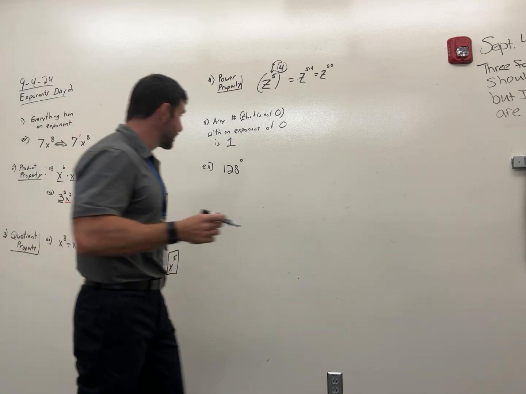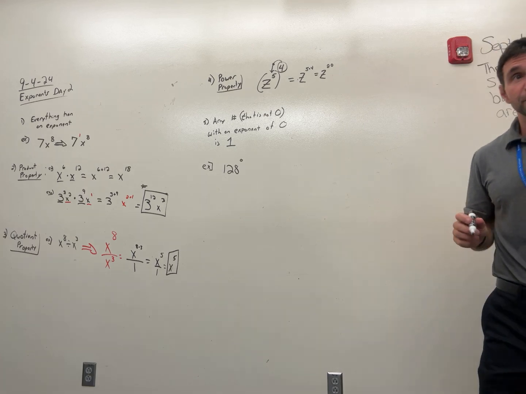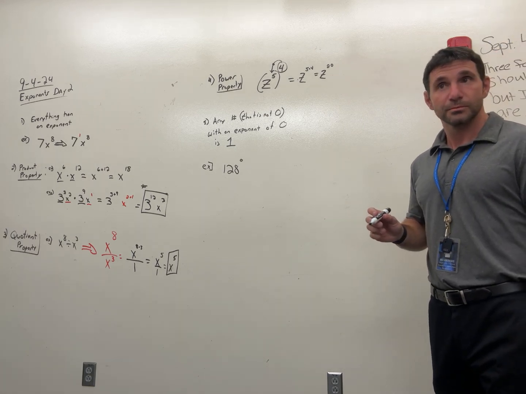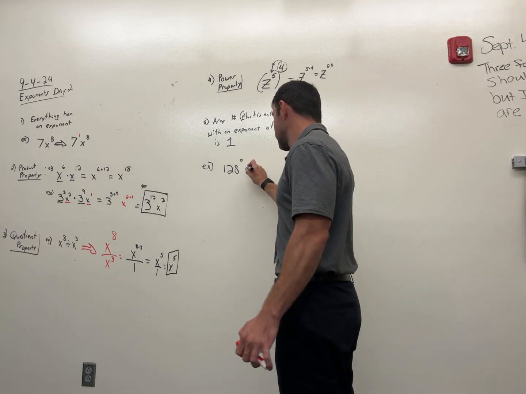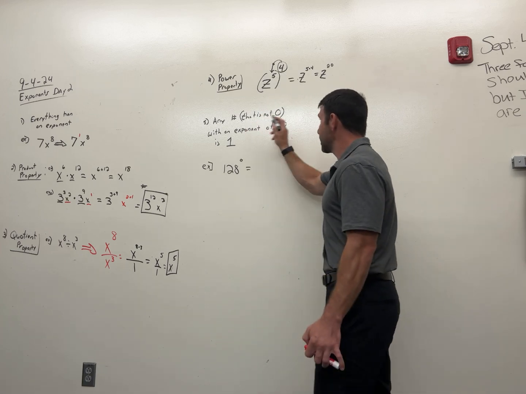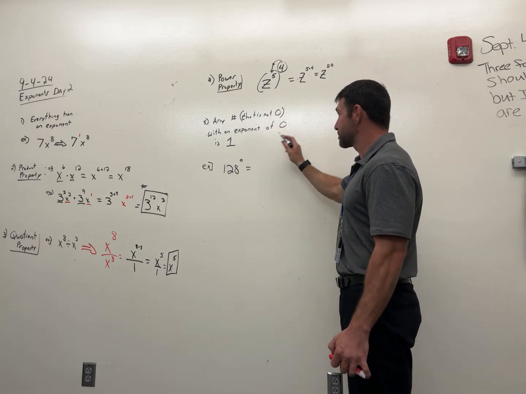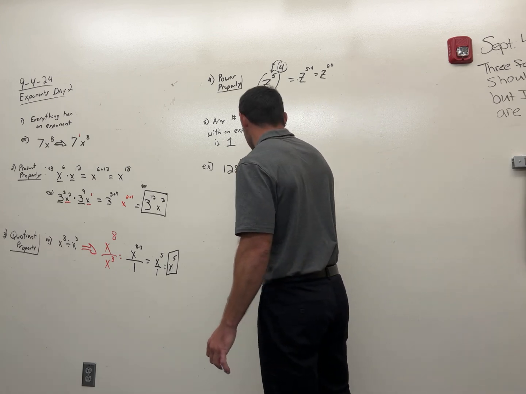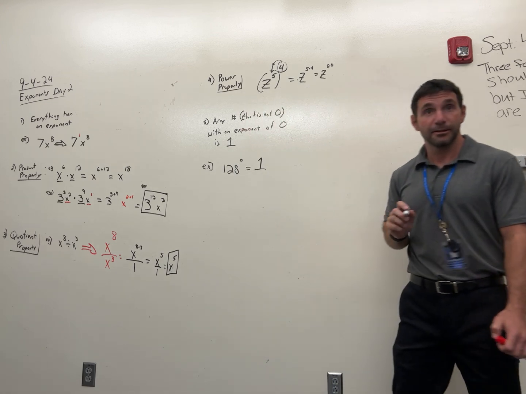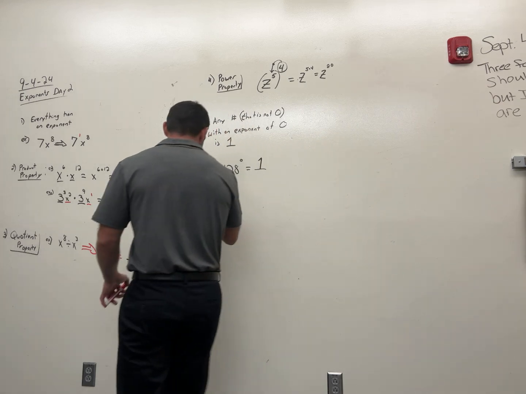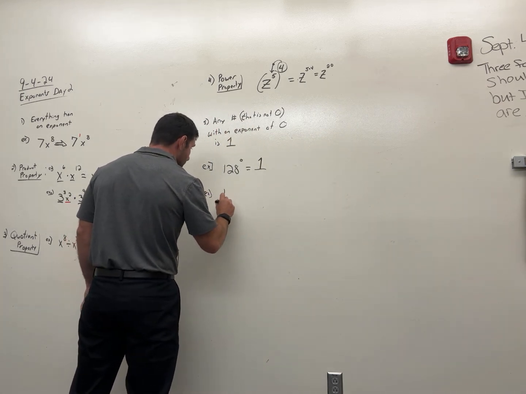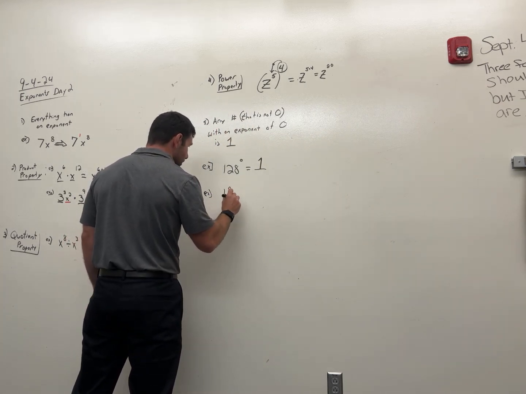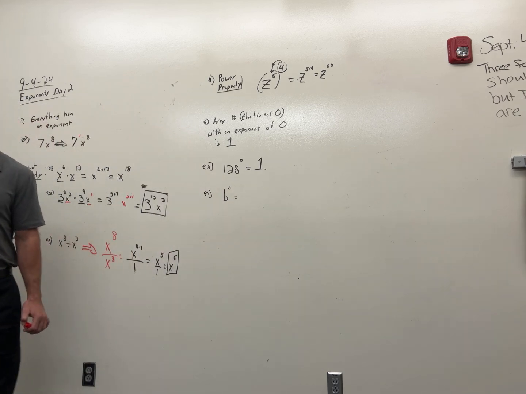Immediately, 128 to the 0 power is what? 128. No. Oh, 0. Any number that is not 0 with an exponent of 0 is 1. That's it. So what if I see something like this? B to the 0. It'd be 1.